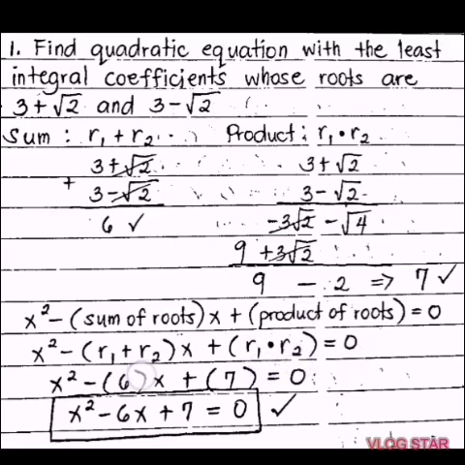The sum of roots is 6, so we write 6 here. The product of roots is 7. Then simplify: x squared minus 6x plus 7 equals 0. Therefore, the quadratic equation we are looking for is x squared minus 6x plus 7 equals 0.